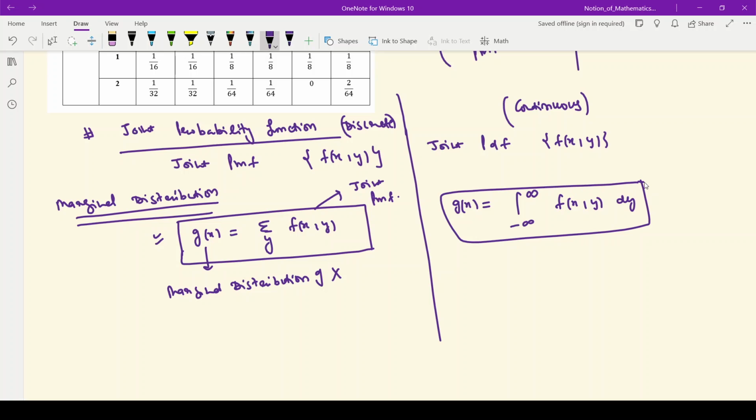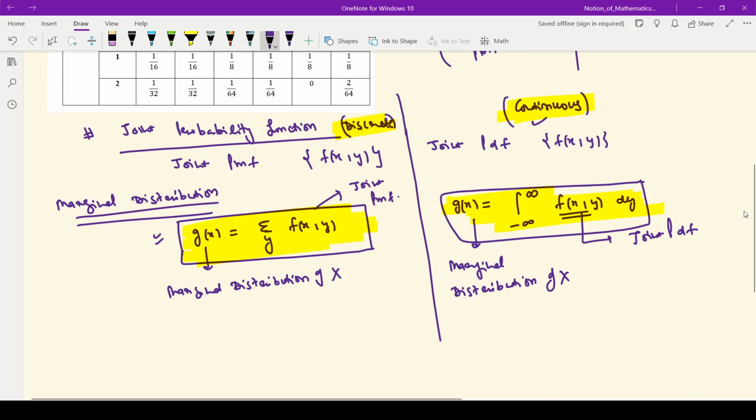So again, this is the marginal distribution of x, but for the continuous approach, where this f of x y is the joint PDF. These are very good to know formulas: g of x for discrete and g of x for continuous.